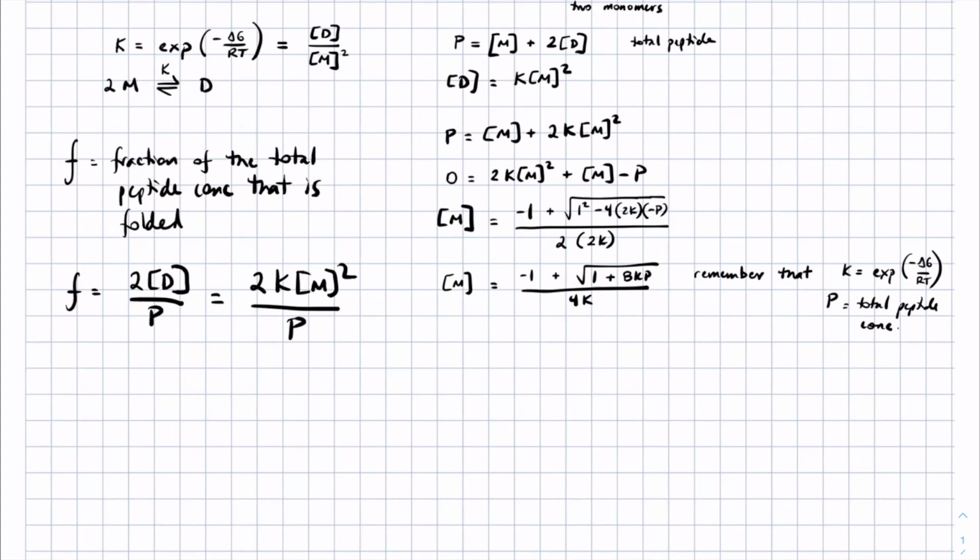All right. And so knowing M and substituting M in here and knowing what P is, we can calculate fraction folded. And fraction folded is related to our variable temperature CD data.